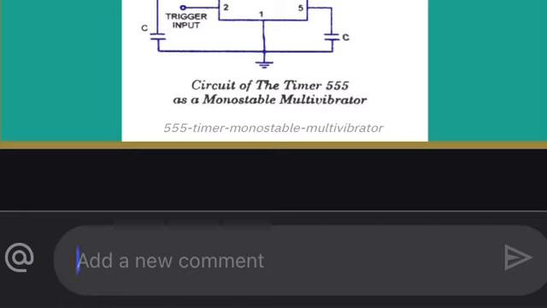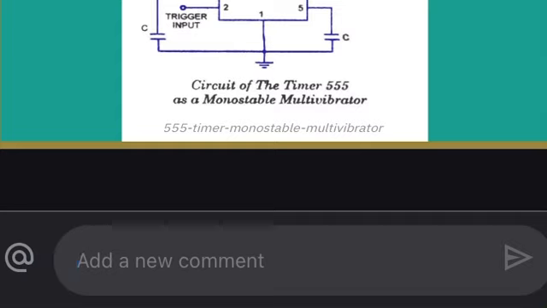So as the discharge transistor is cut off, the capacitor C begins charging toward plus VCC through the resistance RA with a time constant equal to RA C, that means resistor RA and capacitor C. When the increasing capacitor voltage becomes slightly greater than plus 2 by 3 VCC, the output of comparator 1 goes high, which sets the flip-flop.